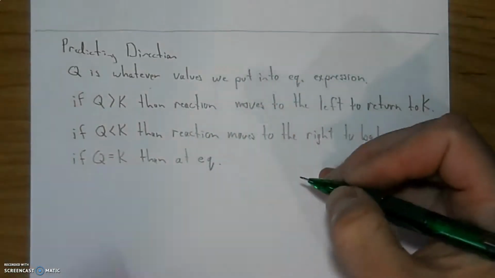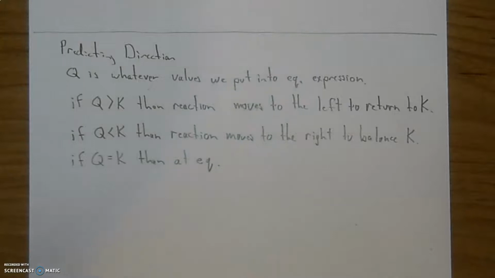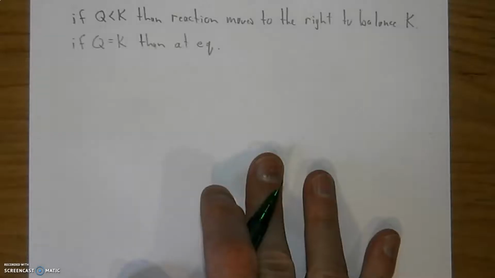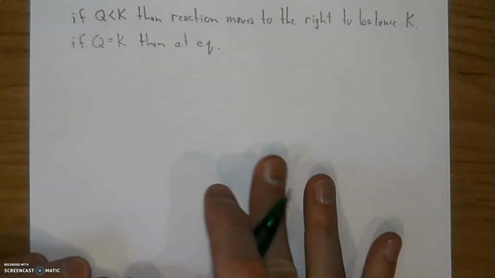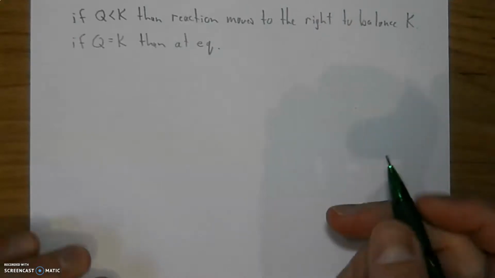Which of course would be really rare, that you have values that just happen to be exactly what you need to be at equilibrium. It's possible, not likely. All right, this is the tidbit of information that'll make that problem at the top a lot easier.